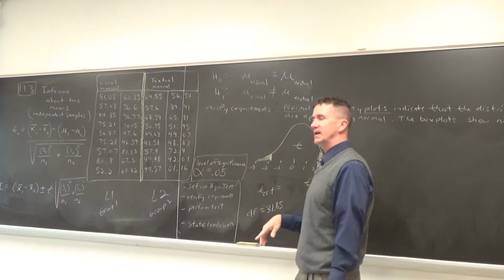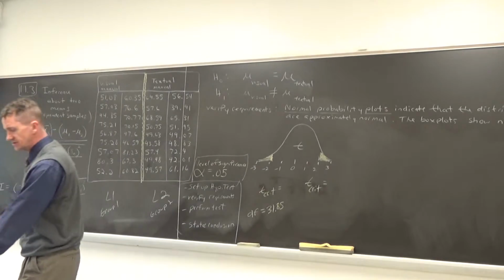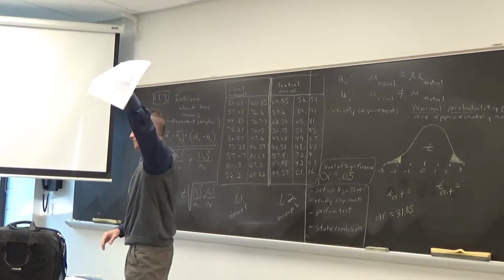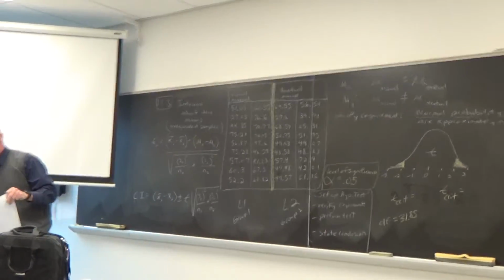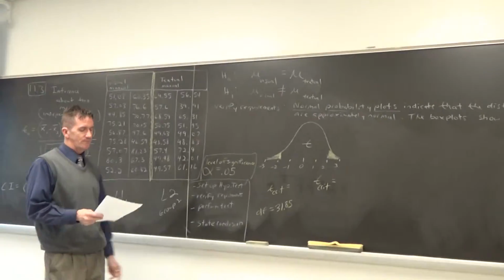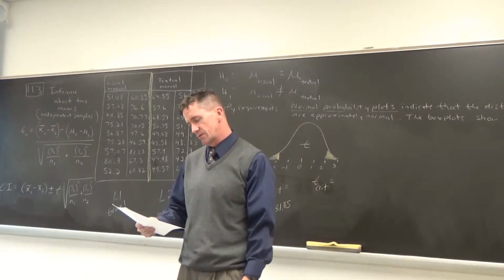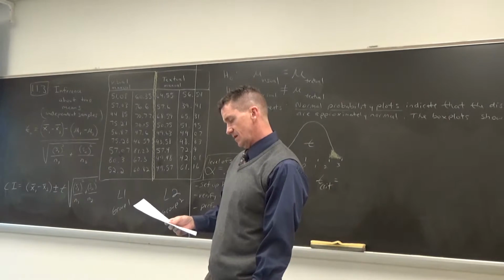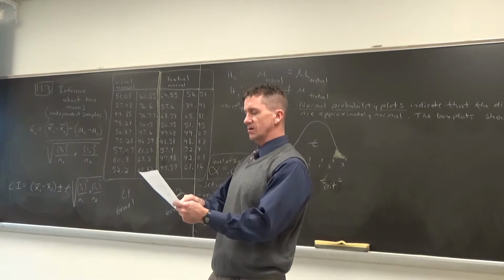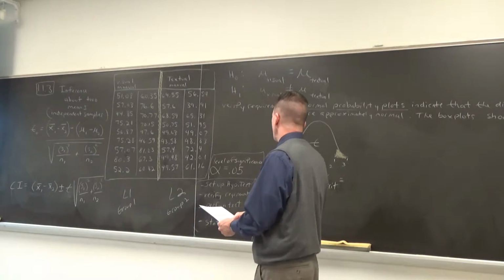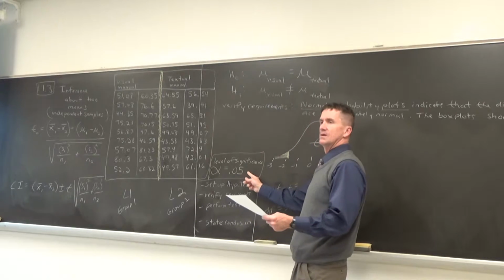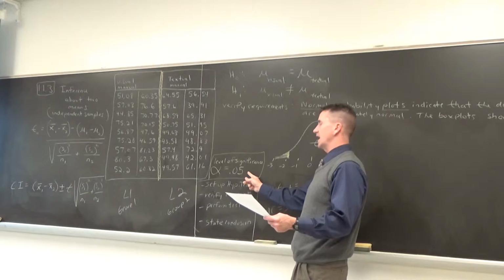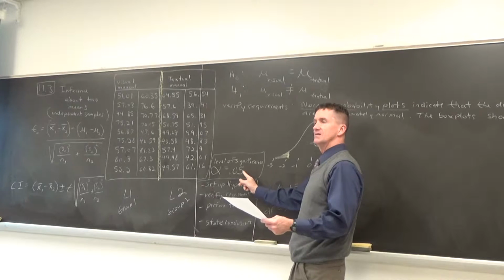Now, I want to show my t-crits. So I'm going to use the t-table to get this. Degrees of freedom, 31.85. What's the closest on this table to 31.85? 32, so 30. There's a 30. So I'm going to use 30. And then what's the alpha level? 0.05, right?